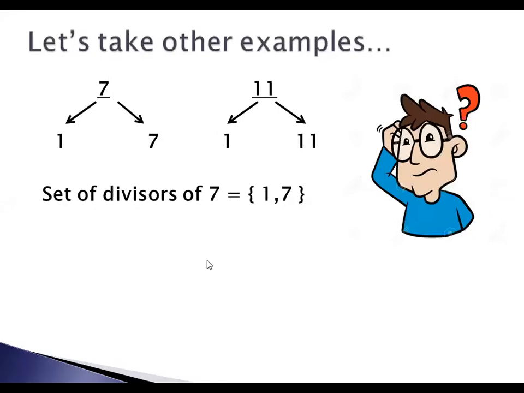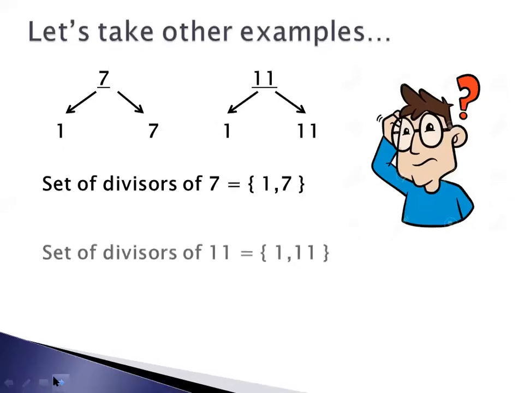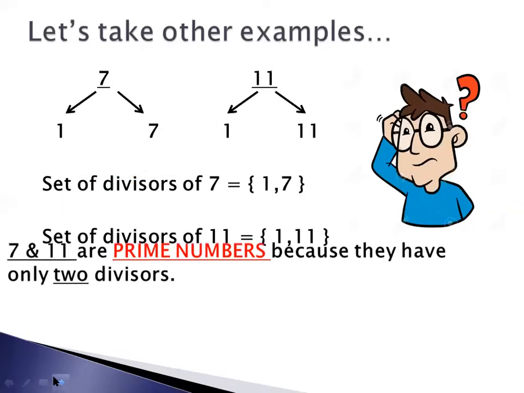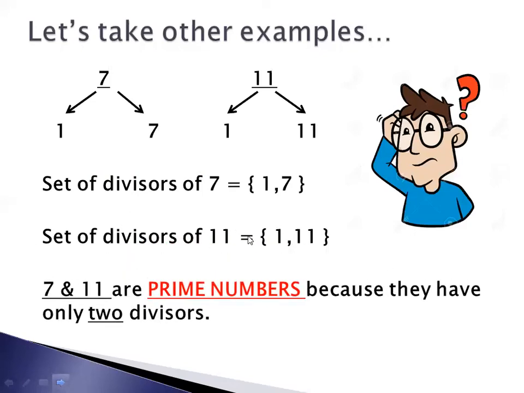Next, the set of divisors of 11 is 1 and 11. So 7 and 11 are prime numbers because they have only two divisors, 1 and itself. Students, please keep in mind that you have to write these divisors in the form of a set.